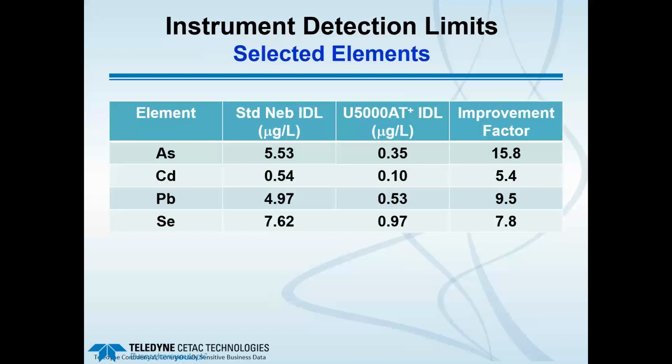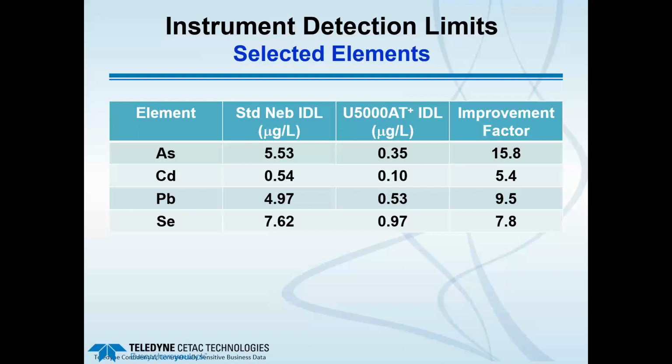So some detection limits for selected elements, in particular ones for toxicity and also for difficulty in detection: arsenic, cadmium, lead, and selenium. First on the left, we see the standard nebulizer IDLs. And again, these in general range from half a ppb up into the single-digit ppb levels.